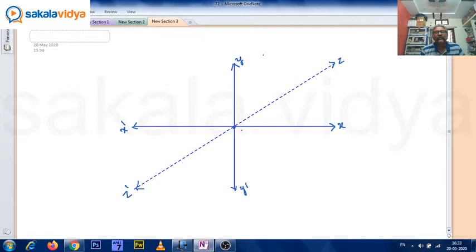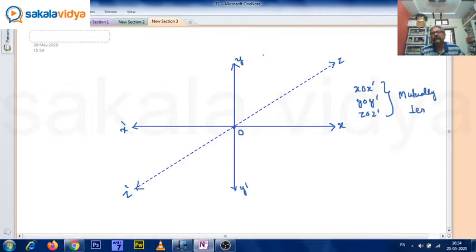Now this is the origin. So xox dash, yoy dash, zoz dash are mutually perpendicular. Mutually perpendicular lines meet at the origin.